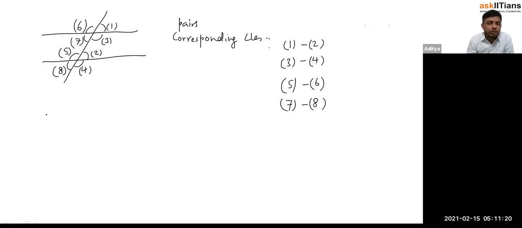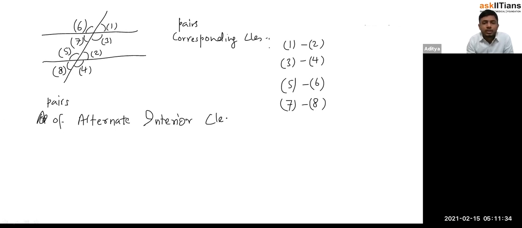Now, let us also talk about alternate interior angles. So pair of alternate interior angles. They will be 2 and 7. Another one can be 5 and 3. These are definitions, okay?